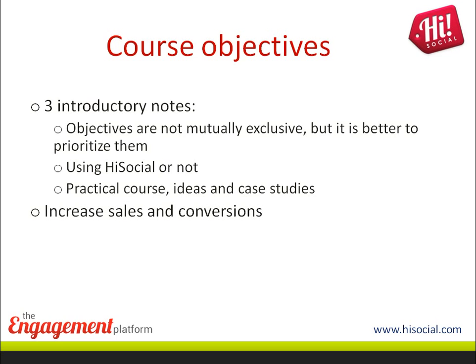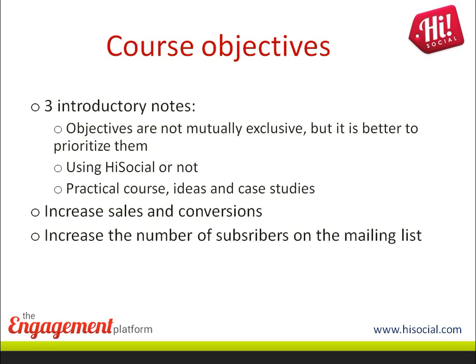The first objective is to increase sales and conversions. When we say conversions, we mean something we want to achieve with our online presence, for example, to get a certain amount of visits or feedback. The second objective is to increase the number of subscribers on our mailing list.